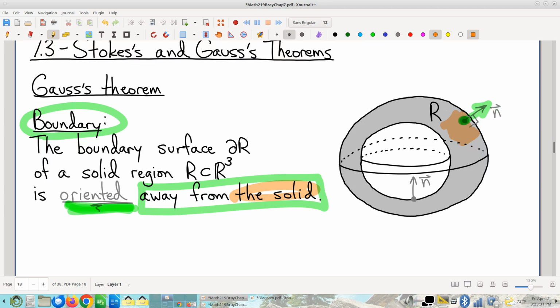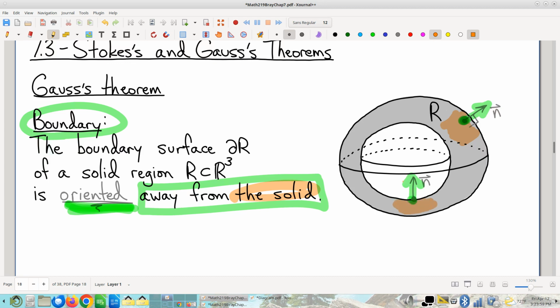Now, commonly, this is misunderstood as outward. And I think it's a dangerous phrasing to call it outward, because while in this case, look at this point, yeah, sure, it looks outward. Right, fine, right? But if you look at this point down here, that is the direction that is away from the solid.